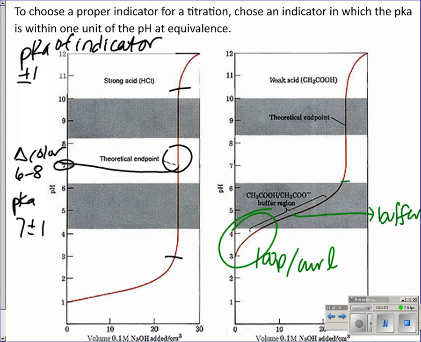The equivalence point, yet again, is between the vertical section in the middle. This is closer to the 8 or 9 region. So you have to choose an indicator where your pKa plus or minus 1 will be about 9, plus or minus 1. So if you chose an indicator, you would take the negative log of the Ka of that, and find which one would match your situation the best.